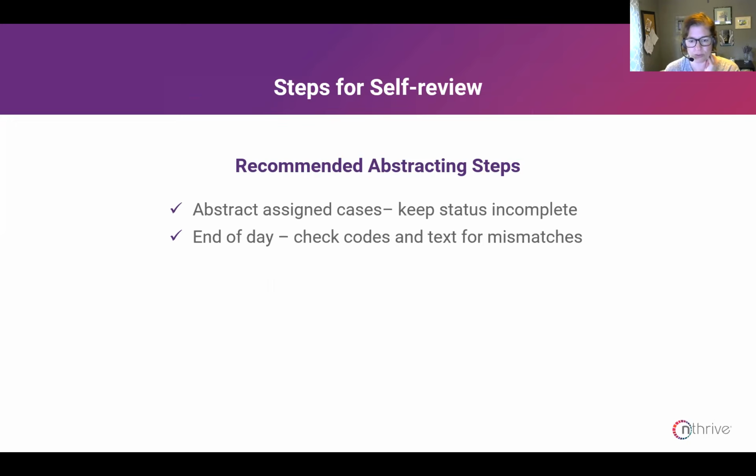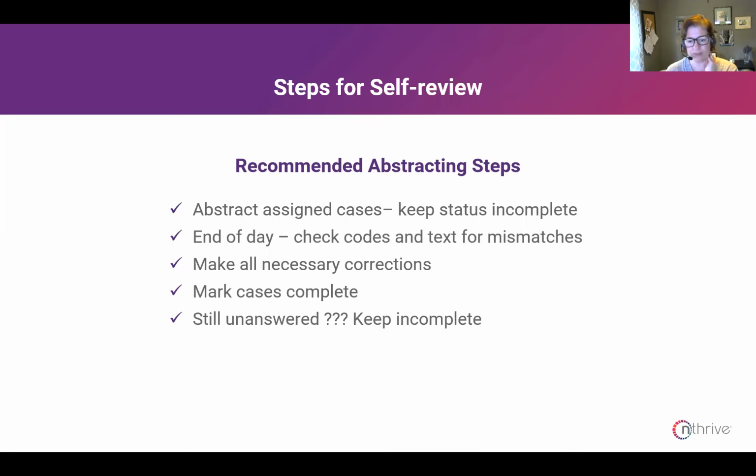Now, as mentioned earlier, we're all human, so there could be small errors that we uncover. Step 3, correct those errors and mark your abstract complete. Step 4, if there are still unresolved questions related to a rule or incomplete treatment, for instance, keep the abstract incomplete and revisit the following day or at the appropriate time when treatment information is received.